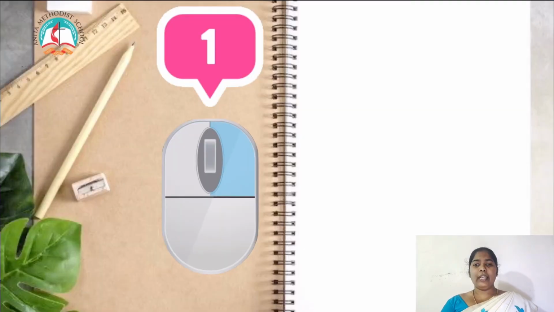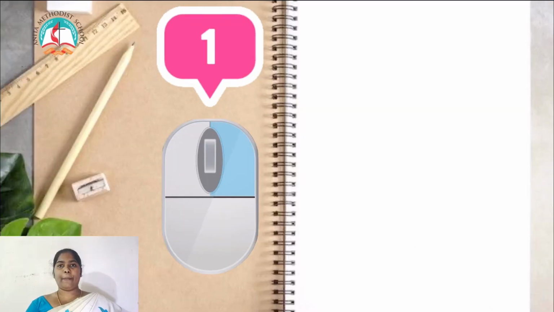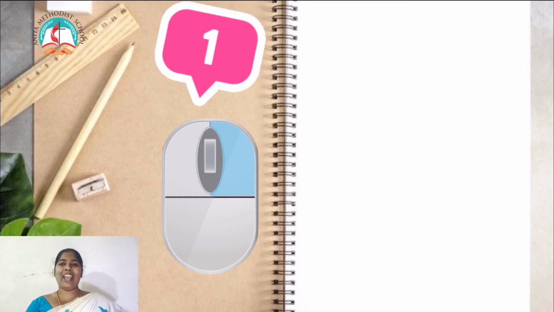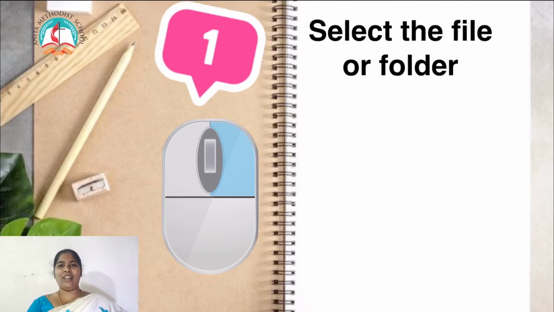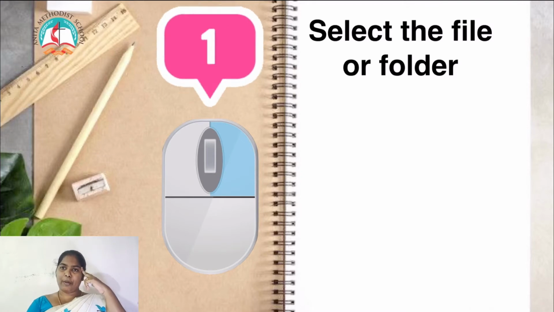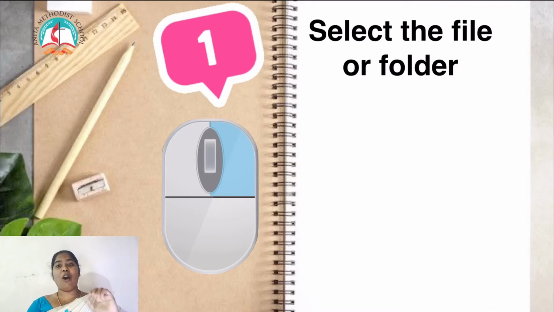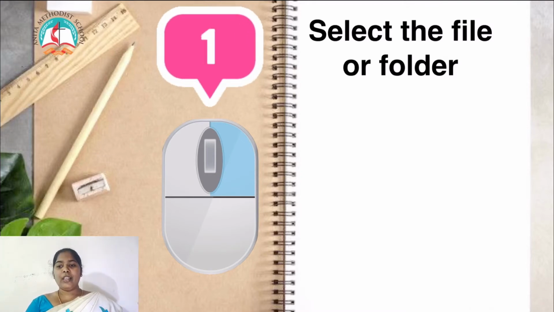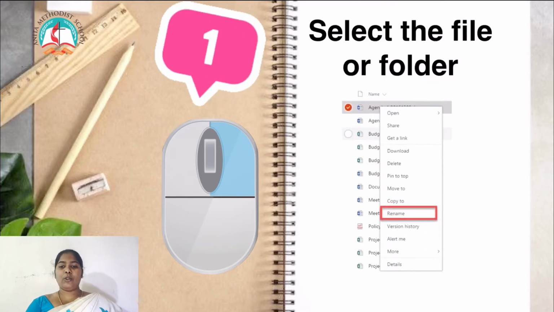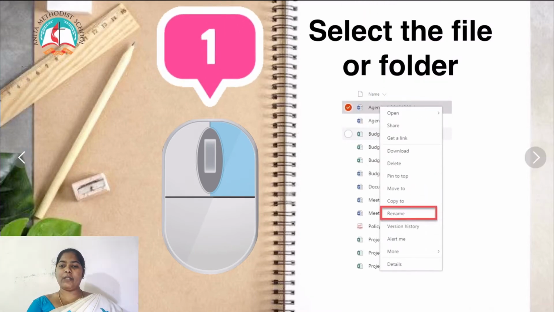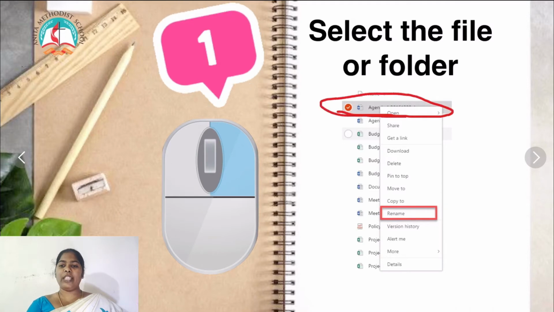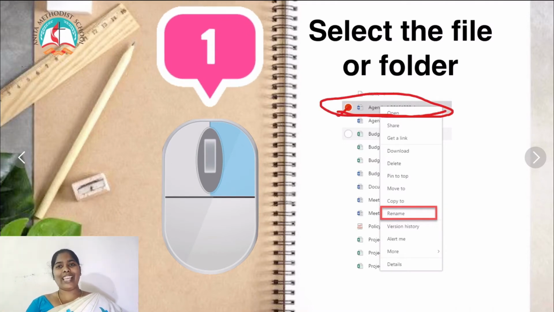Look at here. So what is the step 1? Yes, I have to select the file or folder. Before rename, I should remember I have to select the file or folder. Very good. Now I have selected this file. Can you see the tick? So what is the second step?